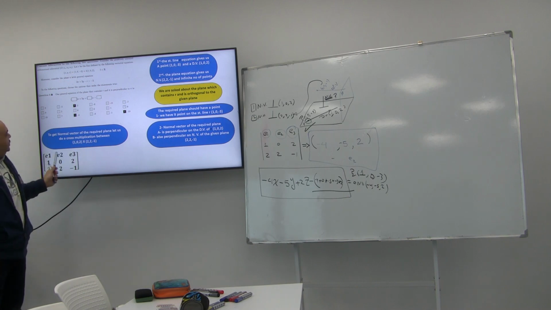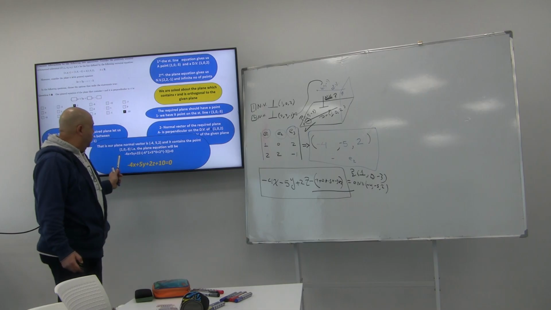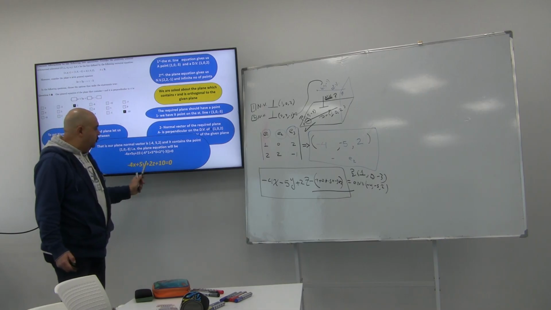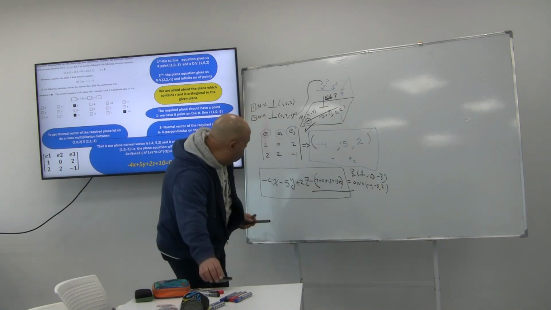Once more, this is the frame of reference, i, j, k or e1, e2, e3, the orthogonal set. This is 1, 0, and 2, that's 2, 2, and negative 1. Making this multiplication, you will end up having negative 4, positive 5, and positive 2. Then you will have positive 10, which is already okay.